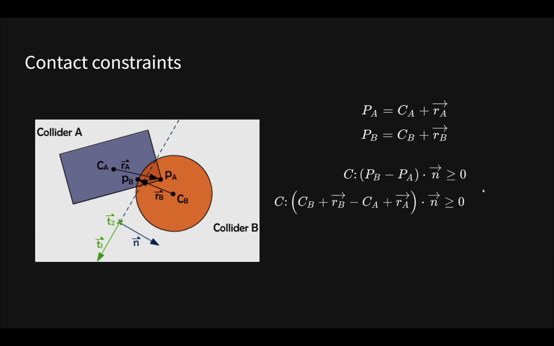Because the whole idea behind sequential impulse is you solve these contact constraints one at a time, and then you do that over several iterations, hoping to converge to a global solution, essentially.